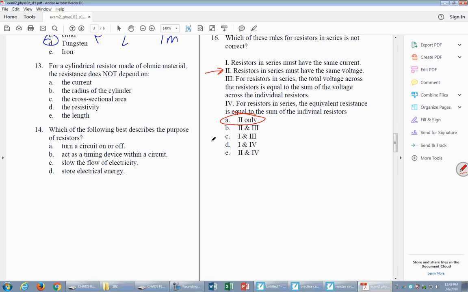Okay, so the resistance doesn't depend upon the current. If you have an ohmic device, the resistance does not change when the voltage or the current changes. That's what ohmic is. Instead, the resistance is dependent upon rho, L, and A. This is A, the radius, right? The bigger the radius, the bigger the area.